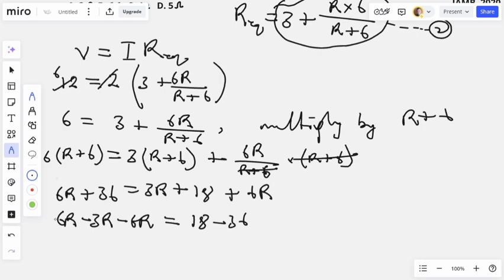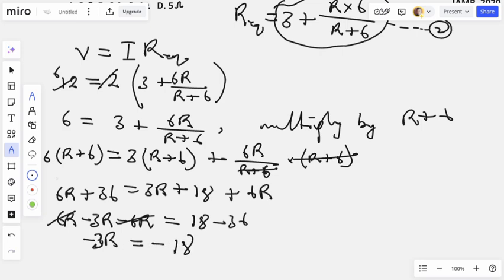So 6R and minus 6R will cancel themselves. That's 6R minus 6R will give you 0. So what is left is minus 3R. Minus 3R equals 18 minus 36 will give you minus 18.